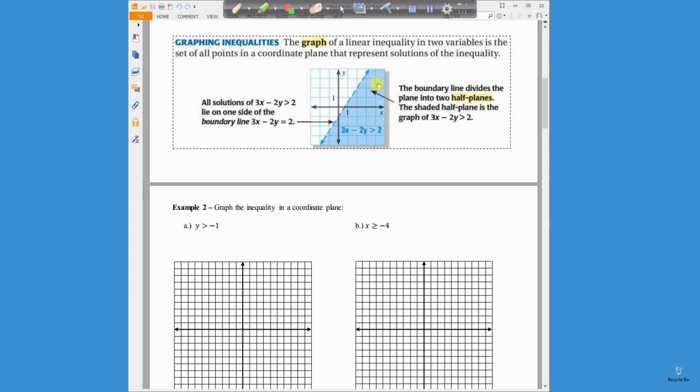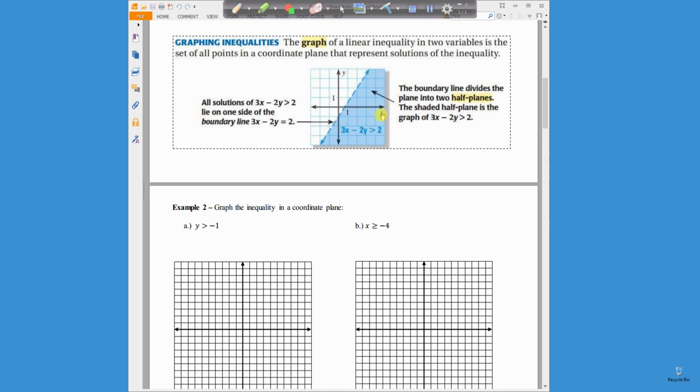So normally when we graph a line, you have infinitely many solutions on the line, but for an inequality there is an entire region of solutions. Okay, so for this inequality here, the shaded area, all the points that fall into this shaded area are solutions.